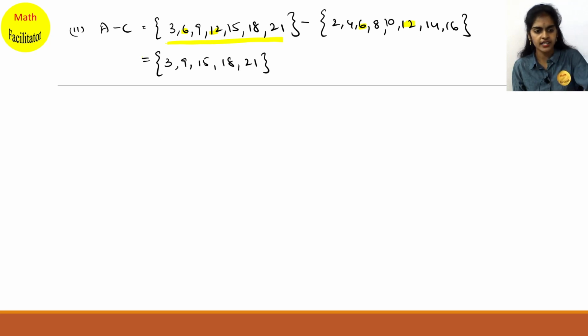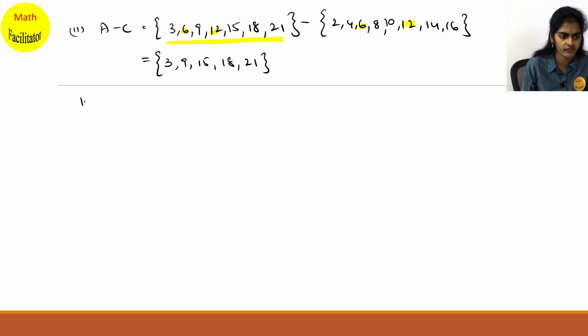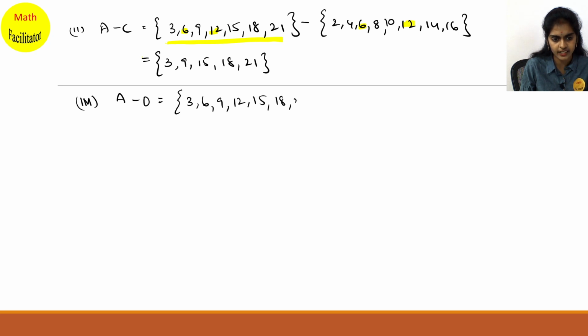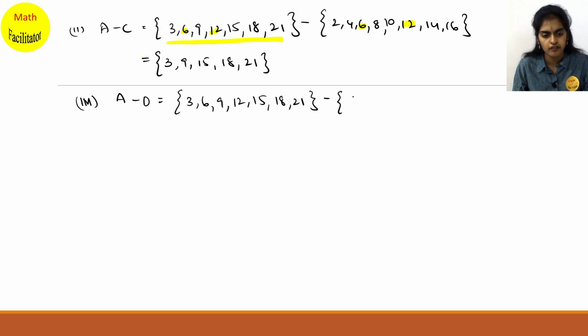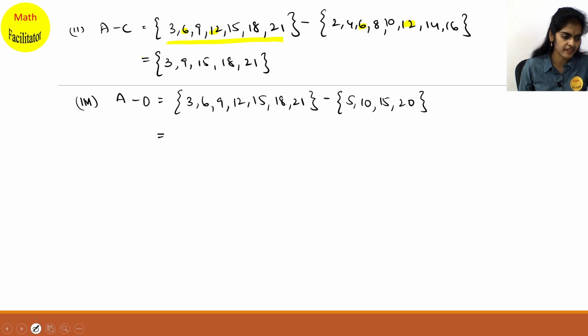That's it. So let us move on to the next bit, the third bit, A minus D. A is nothing but 3, 6, 9, 12, 15, 18, 21 minus D, which is 5, 10, 15, 20. From the set A, I should remove the common elements.